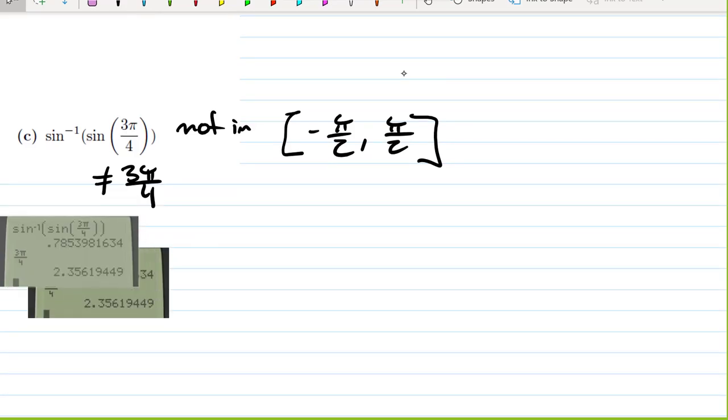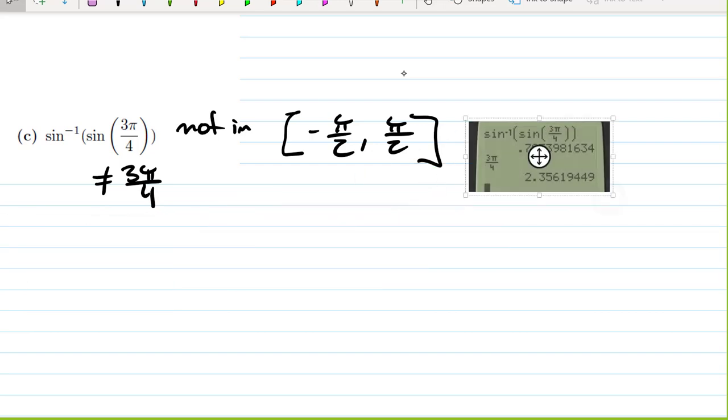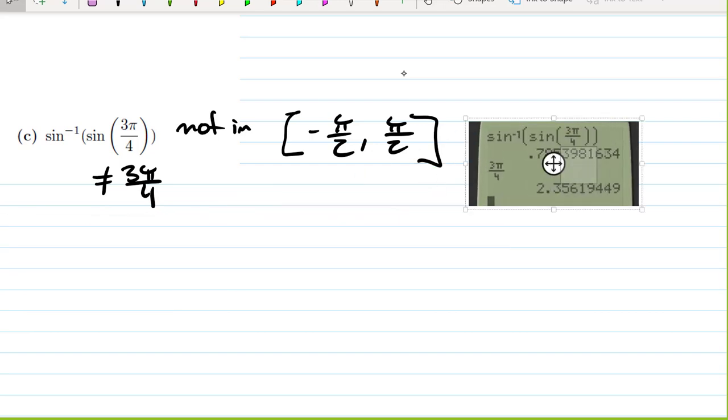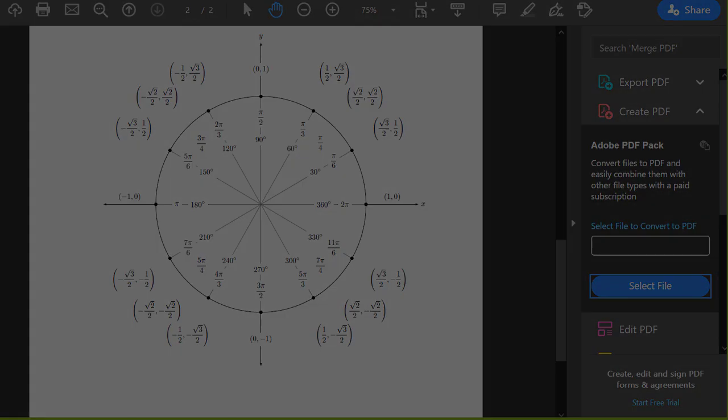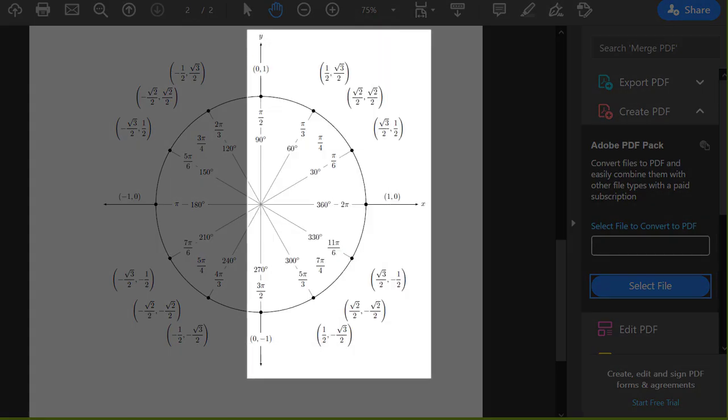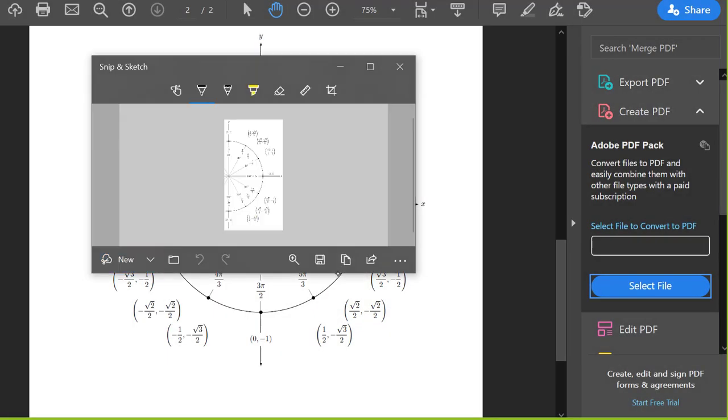So to help us with that, we're going to turn to the unit circle. So with the sine, we go between negative pi over 2 and positive pi over 2. So that's the right side of our unit circle.